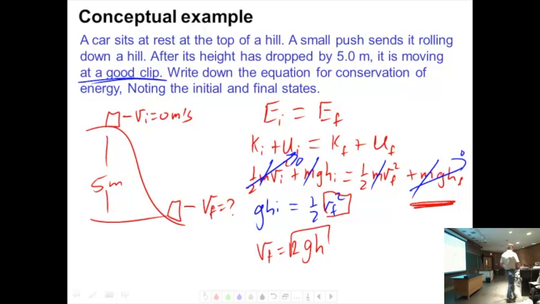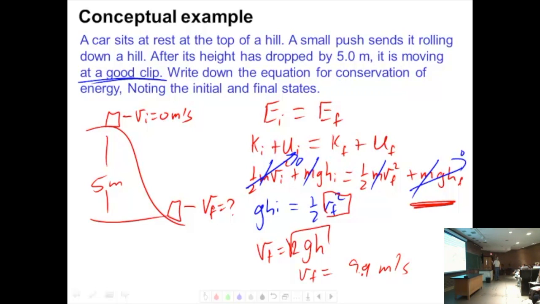But for us, questions on that? If you plug those numbers in, grind it out, you're going to find that the final velocity is 9.9 meters per second. So it's going 9.9 meters per second.